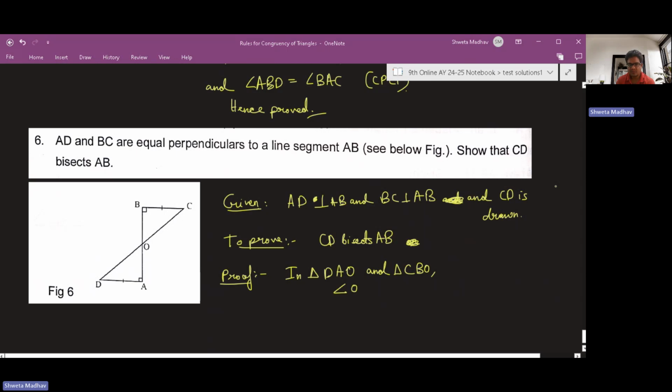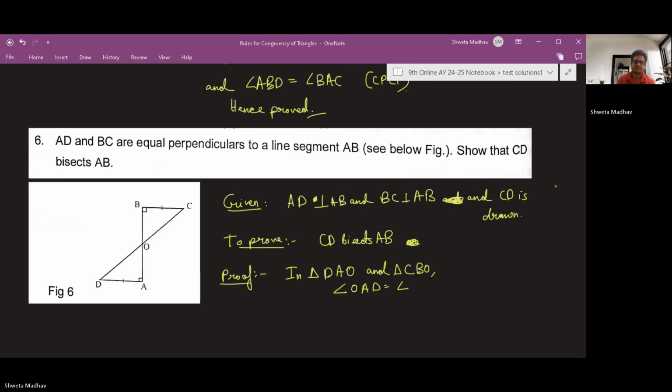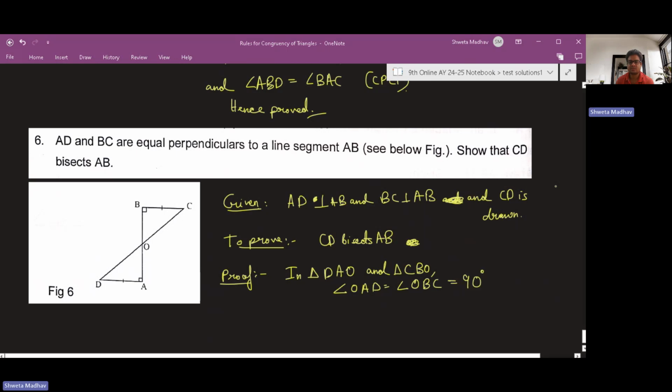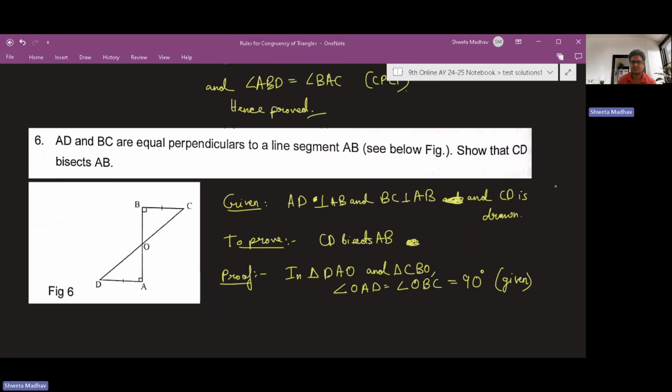Angle OAD is equal to angle OBC, since both are right angles, 90 degrees. It is given, since it is told that AD is perpendicular to AB and BC is perpendicular to AB. So this is given in the question itself.